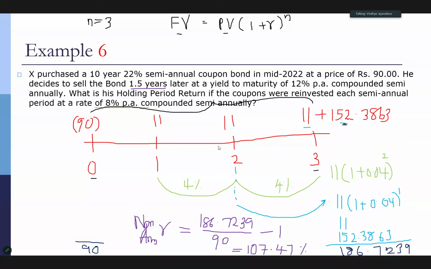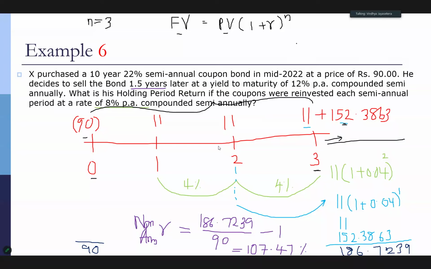So the buyer purchased it at year 0 for him, and he had 17 more periods to go. That's the future after this point, right? For the buyer, he was going from this point forwards. But for the seller, he is evaluating what happened. He purchased this at 90, he held it for 3 periods and sold it at 152. So N is 3. 3 6-month periods, right?